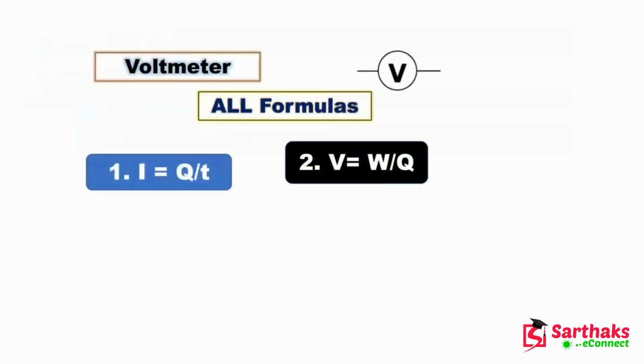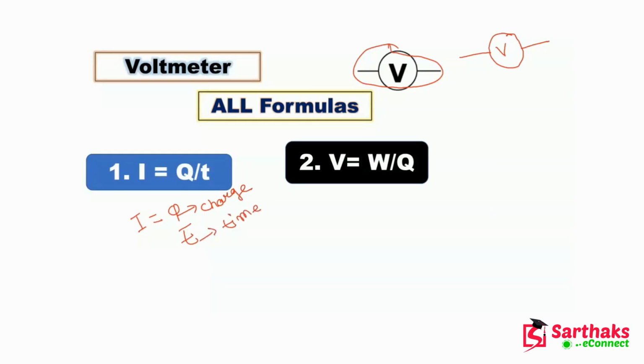Now let's move ahead. And basically guys, at last, we will discuss the symbol of a voltmeter, and it will be like this, a circle, and in this circle, there will be a V. And these are other formulas. Formula number first is I = Q by T. Here Q is our charge and T is our time.